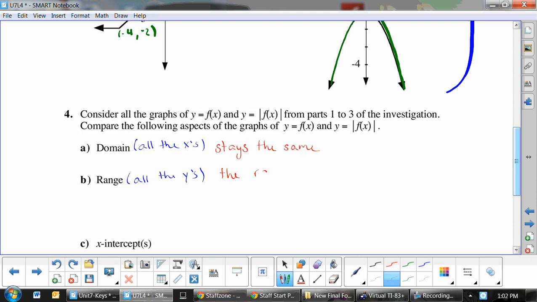So they say the range of the absolute value function and our original are the same when the original is positive.